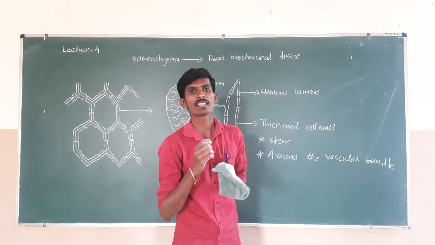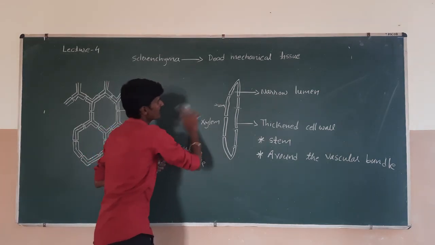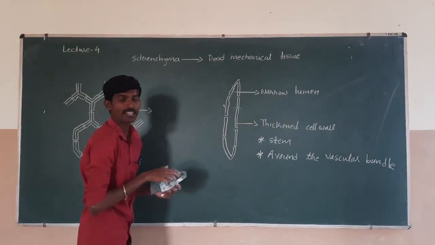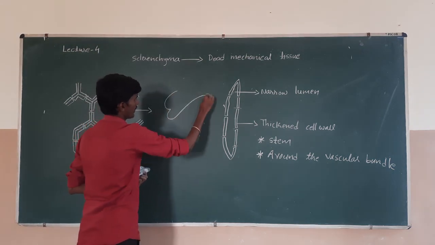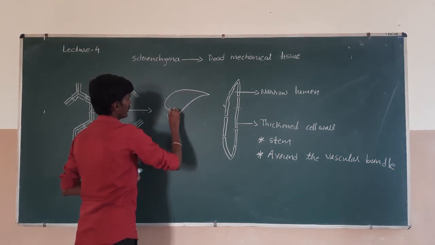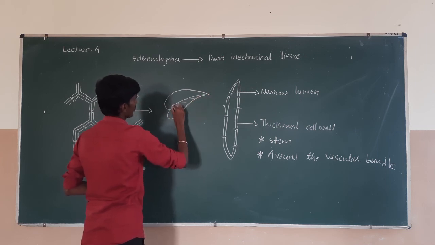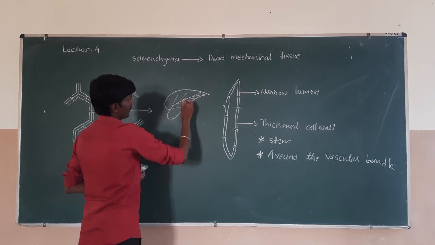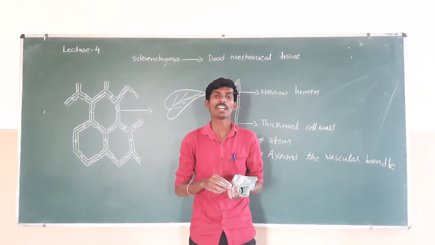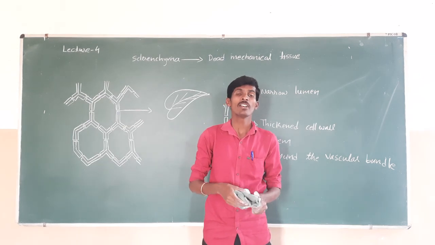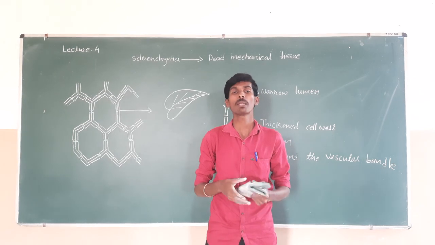In the stem, the sclerenchyma is present, and also in the veins of leaves. This is the leaf; it has a midrib and veins. In the veins, the sclerenchyma cells are present, and also in the outer covering of the seeds and nuts, for example, peanut.